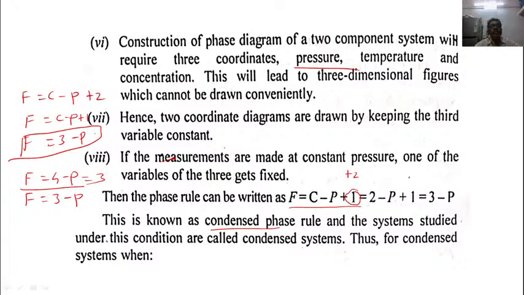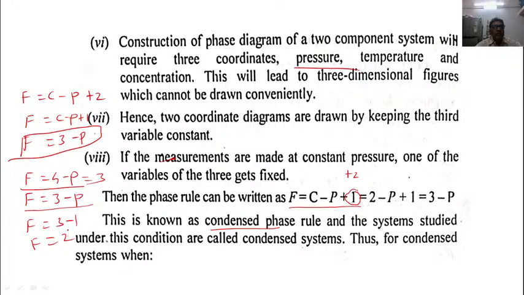So we have to keep one of the variables constant, a better way. Then the phase rule can be written as F is equal to 3 minus P. Then we can draw the phase diagram. So now you can see here, for a one phase system, particularly in the areas where there is only one phase, it is 3 minus 1. So degree of freedom F is equal to 2.